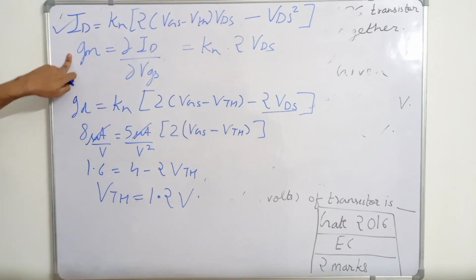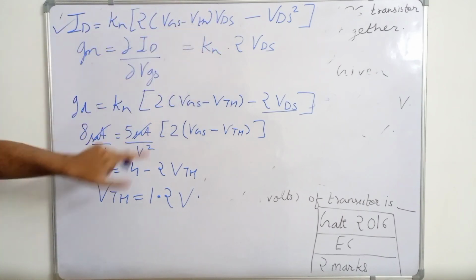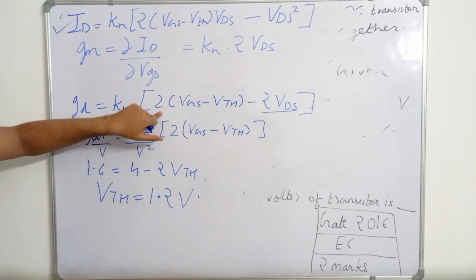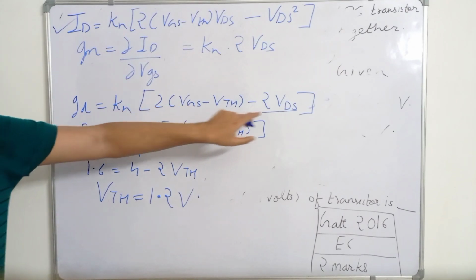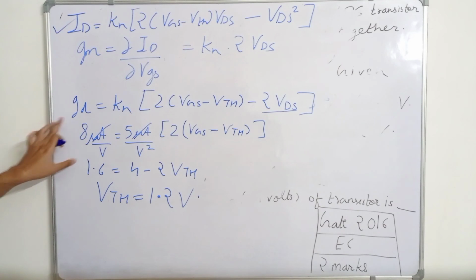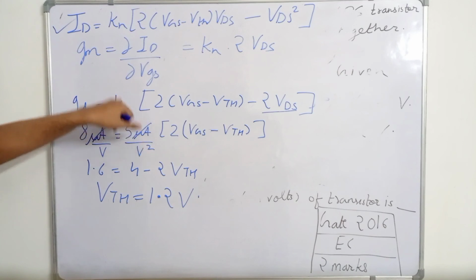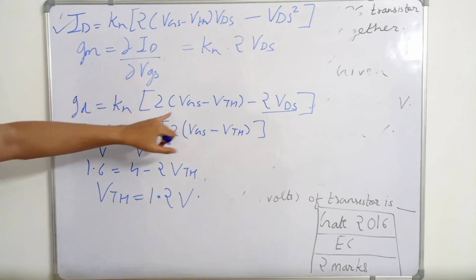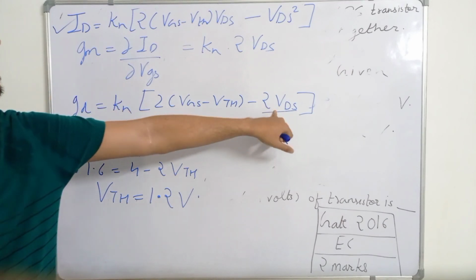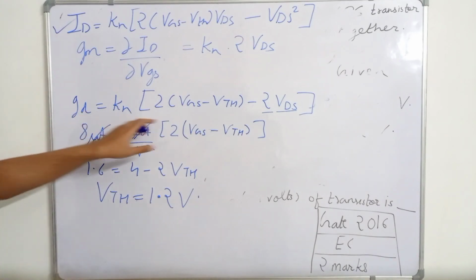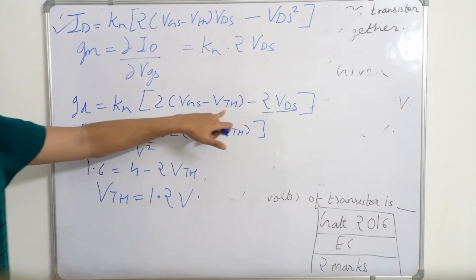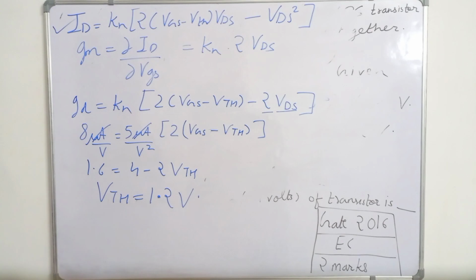Using the value of GM, we found Kn. GD was given in the question, VGS was given, and VDS was given as 0. All the terms were known, only VTH was unknown, so we found VTH also. In this way we can easily solve this question.